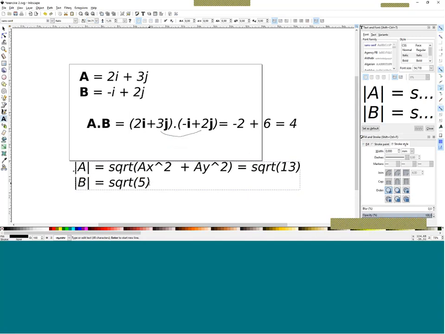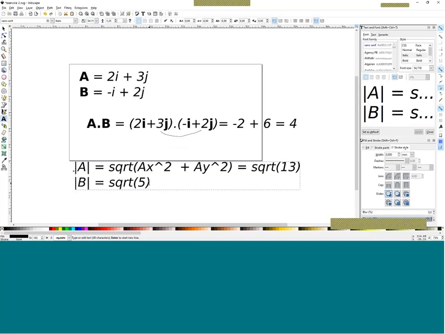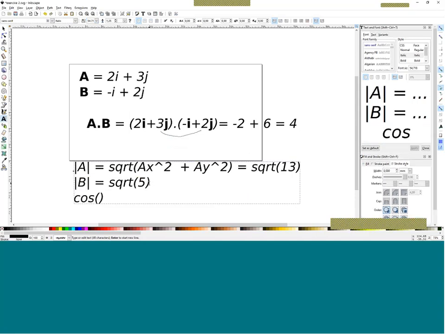Can you tell me what the angle is between them? I'll just write sine theta.